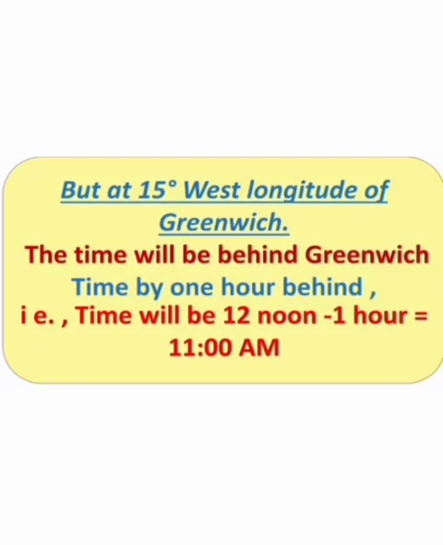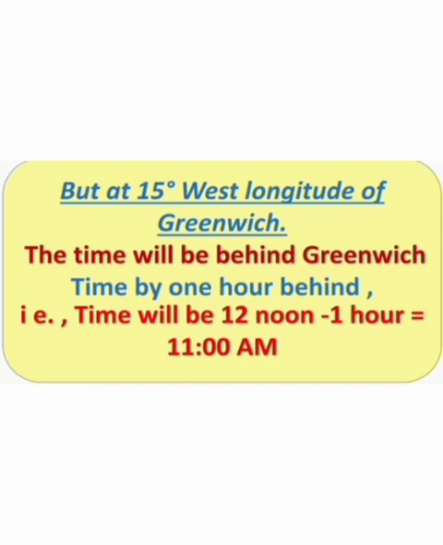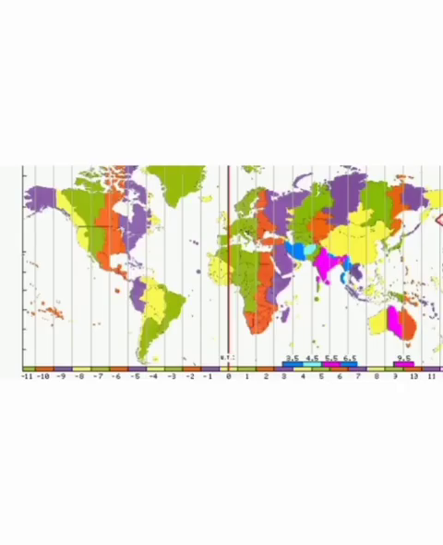The time will be behind Greenwich. That is, time will be 12 noon minus 1 hour, which is equal to 11 am. Similarly, at 180 degrees, it will be midnight when it is 12 noon at Greenwich.